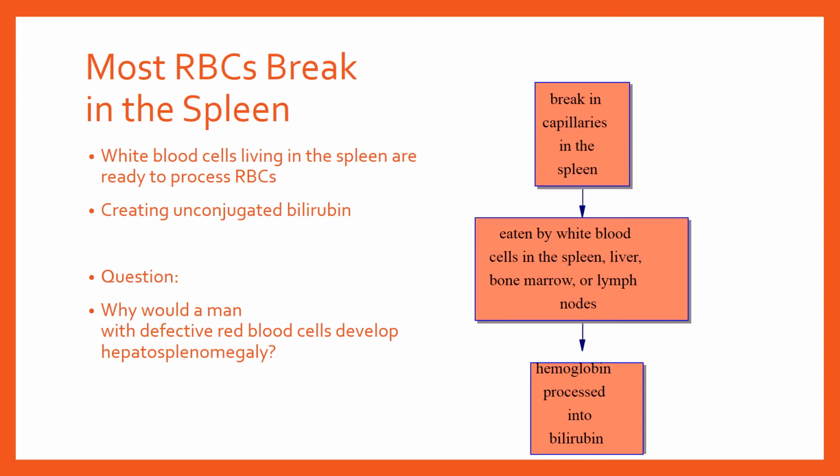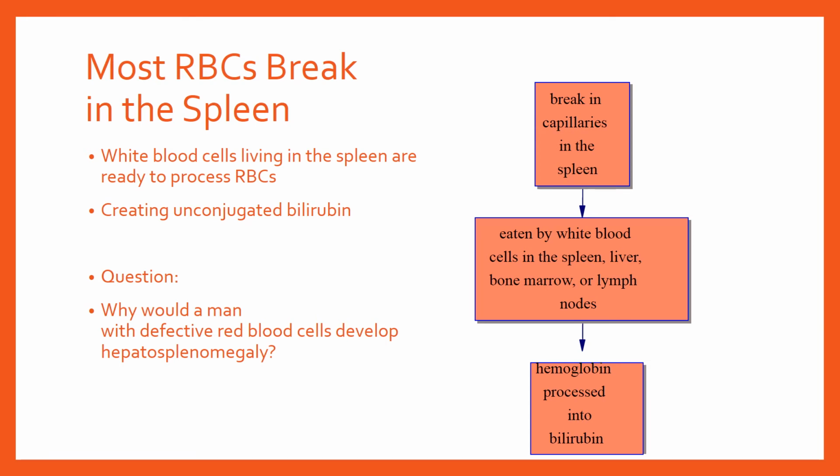In this question, why would a man with defective red blood cells develop hepatosplenomegaly? Because there will be too much to process in the liver and spleen.